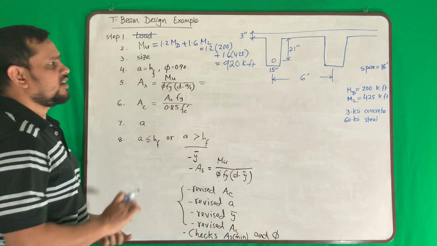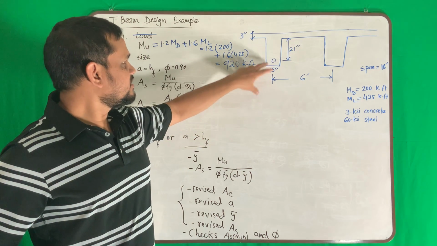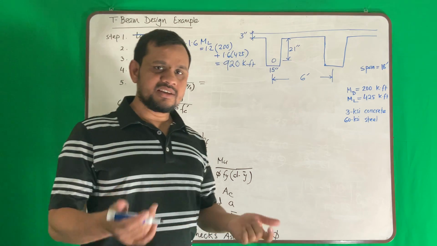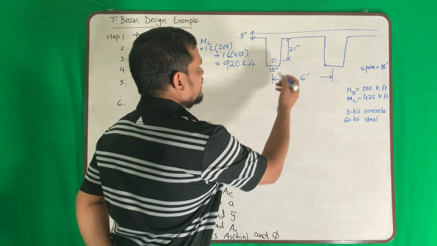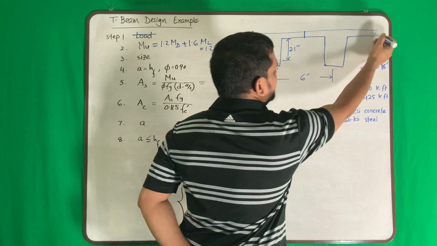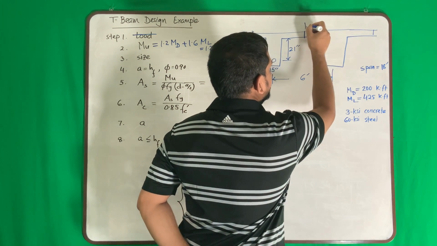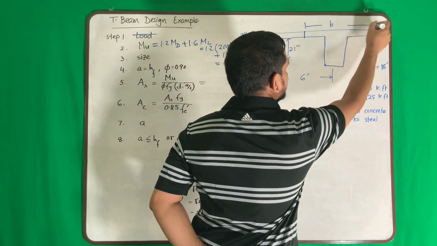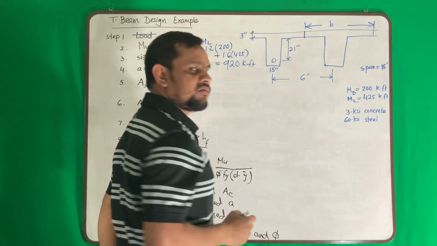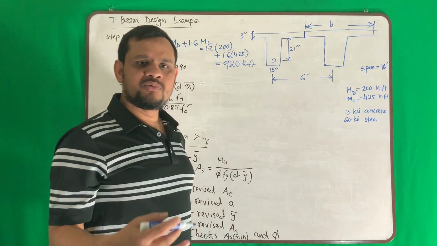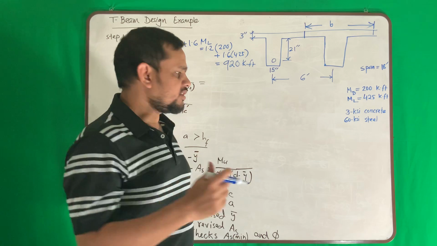Then size. We know this size. Our next step is to determine the width of the flange. So what is this distance? We need to find this. How to find this? If you read your book at the beginning, there are 3 conditions.